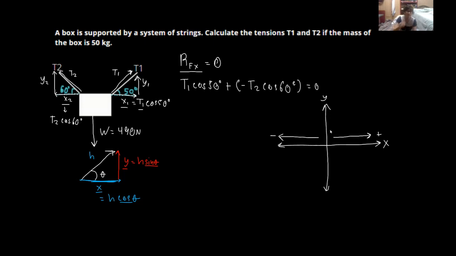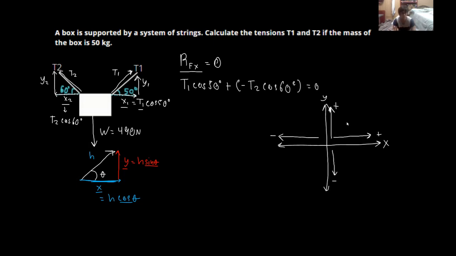How about naman kapag pataas at pababa, or in other words, vertical position? Kapag pataas, positive. Pero kapag pababa, negative. So in other words, if you're going to the right or going upward, positive value.